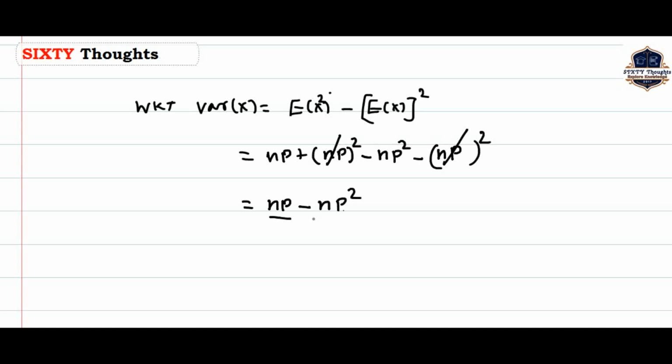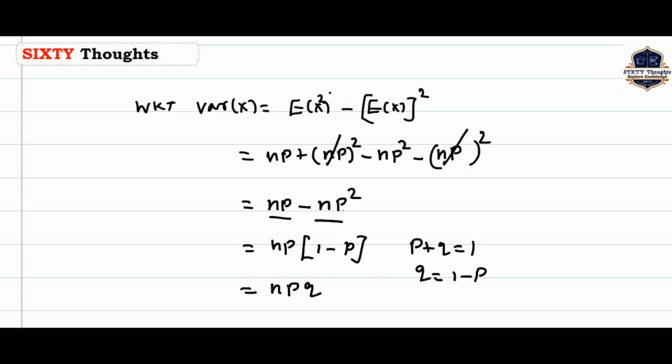Okay, so here np is common. If we take it outside from this equation, we get np into (1 minus p). Since we know that p plus q equal to 1, we can write q equal to 1 minus p, that means 1 minus probability of success. If we substitute here, we get npq. That is nothing but variance of x.